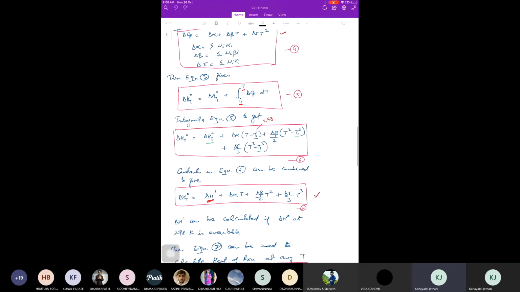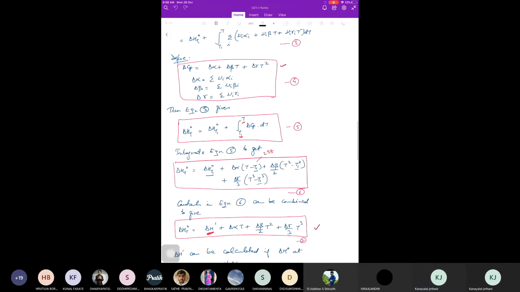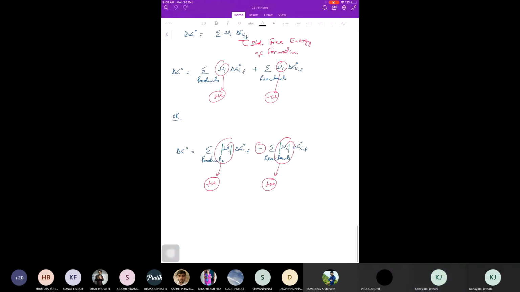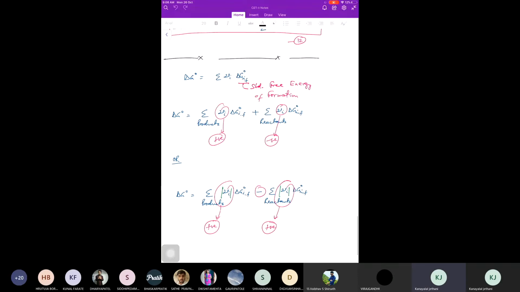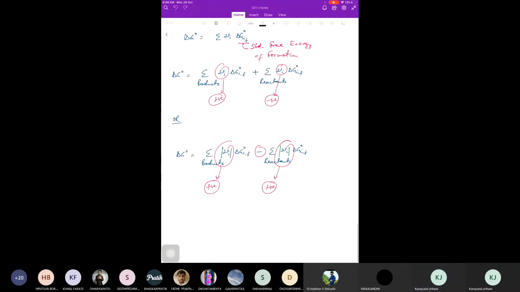Let me put it somewhere here. It is given here, but it is not given for heat of formation. I can write for heat of formation. Yeah, heat of reaction.